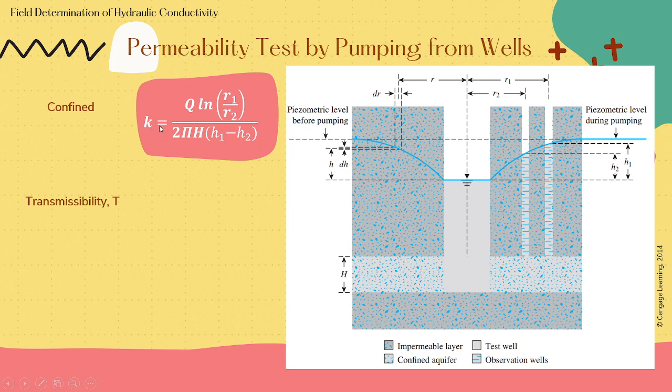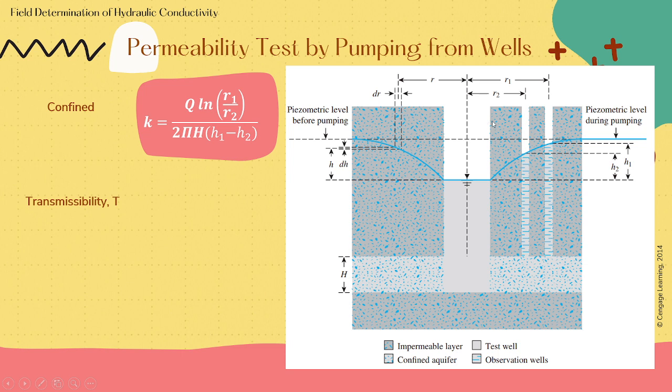K is the hydraulic conductivity, Q is the rate of pumping, and R1 and R2 are the distances of the observation wells from the pumping well. 2 times pi, and h is the thickness of the aquifer, and h1 and h2 are the heights.